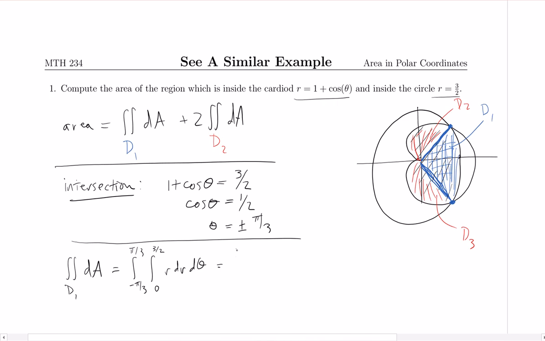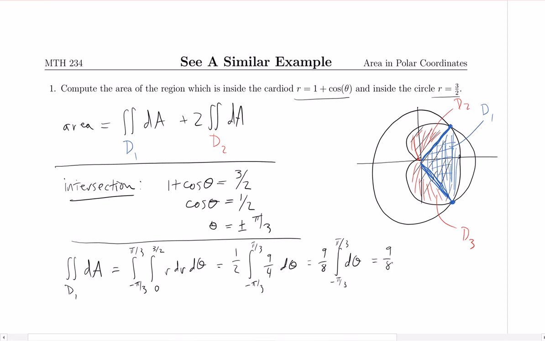So if we first do the r integral, we get 1/2 r squared. So 3/2 squared minus 0 squared is 9/4. So we get 9/8 times the integral of d theta. And the integral of d theta is just theta. And the width of this interval is 2 pi over 3.